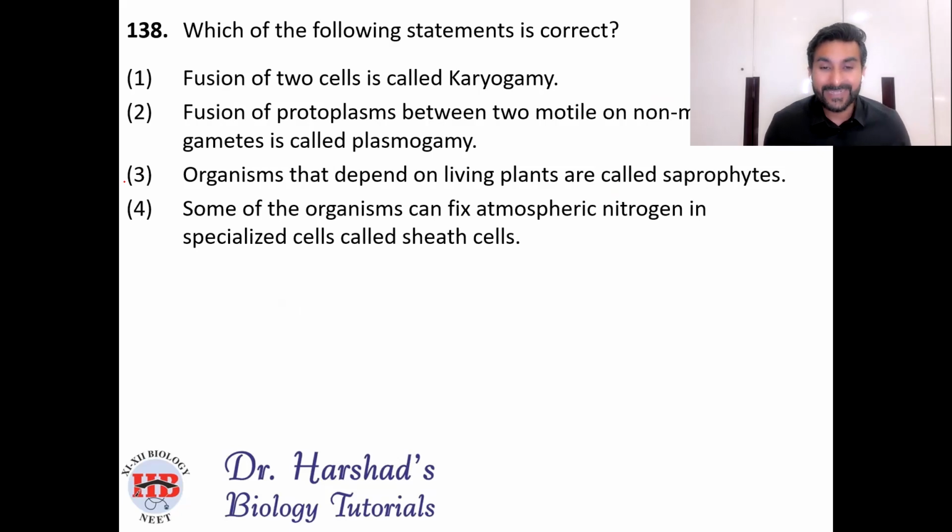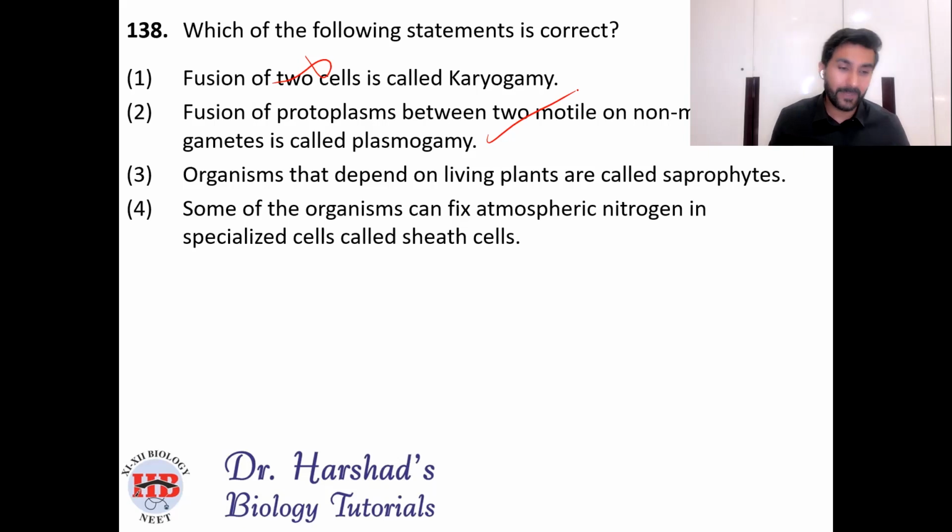Which of the following statements is correct? Fusion of two cells is called karyogamy. Wrong. Fusion of two nuclei is karyogamy. Fusion of protoplasm between two motile or non-motile gametes is called plasmogamy. Correct. If you remember, this is in the chapter biological classification, whereby fungi like Basidiomycetes show the property of plasmogamy during reproduction.